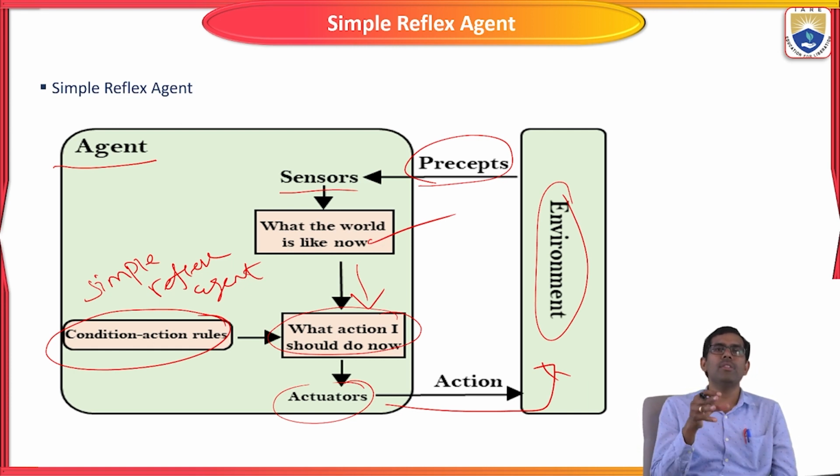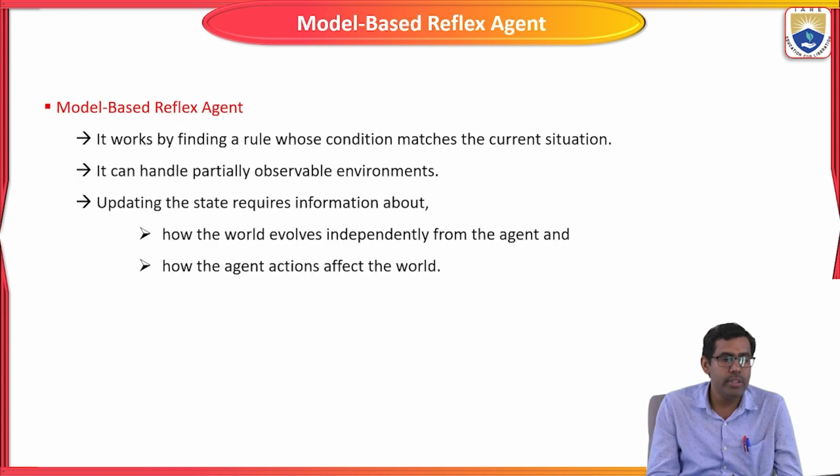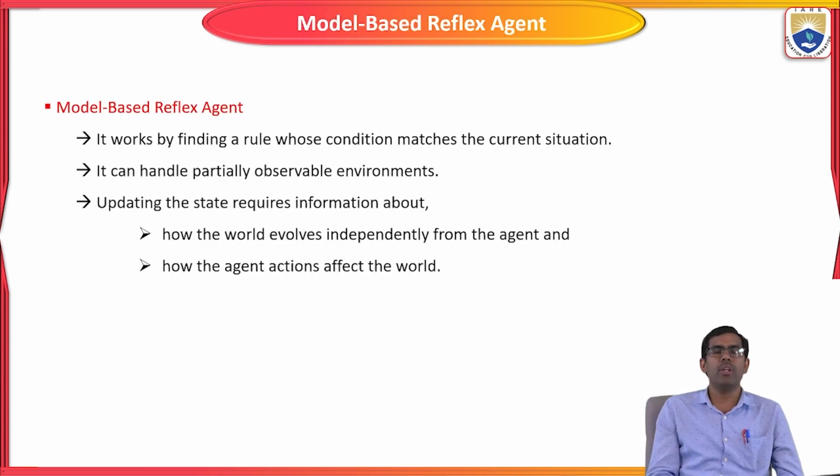So if you have a simple statement, we will use the simple reflex agent concept. Next we will move to the model based reflex agent. This is similar to the simple reflex agent.